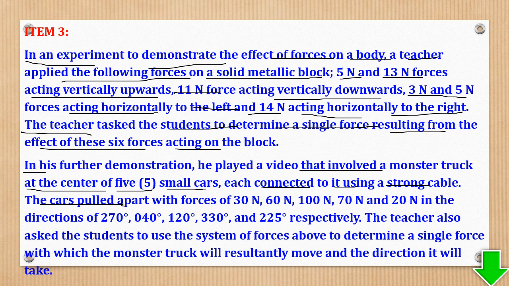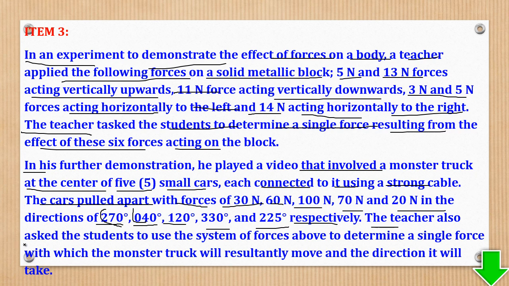The cars pulled apart with forces 30 Newton, 60 Newton, 100 Newton, 70 Newton, and 20 Newton in the directions 270 degrees, 40 degrees. So when you see this 0, it means that these are bearings. 120 degrees, 330 degrees, and 225 degrees, respectively.